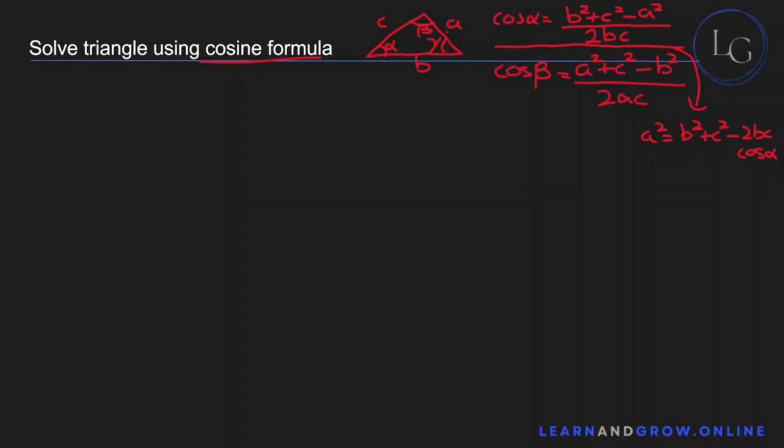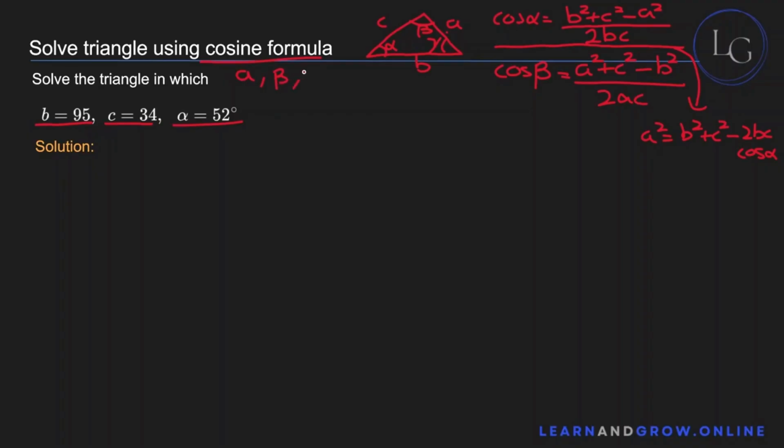And this will be relevant because let's see how you can do this question. You have been given that the side B is 95 and the side C is 34 and the angle alpha is 52. Now let's see how you'll find out the side A, the angle beta, and the angle gamma, because those are the only things remaining to solve the triangle.